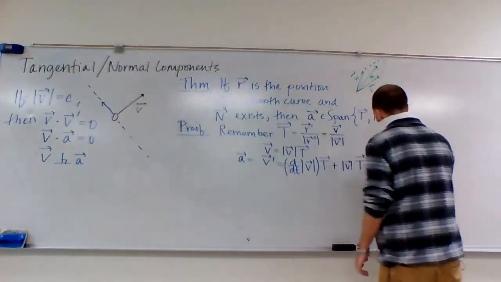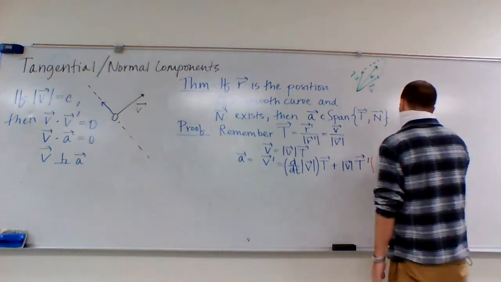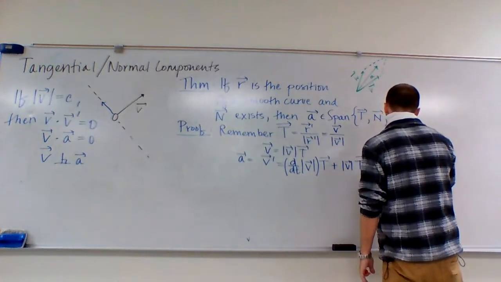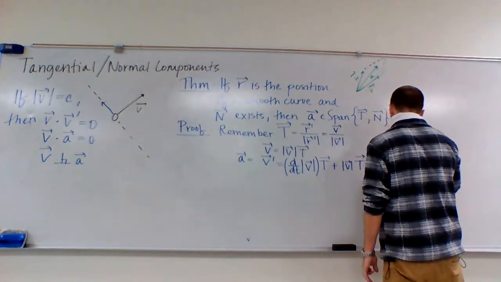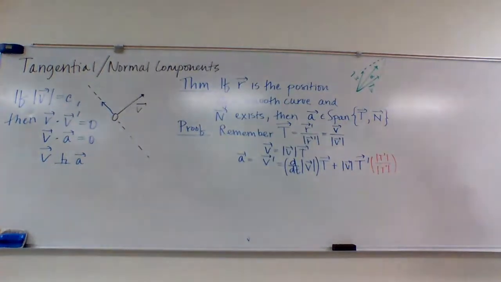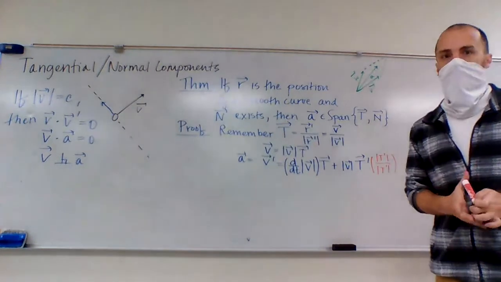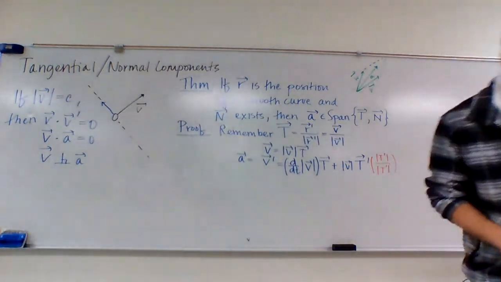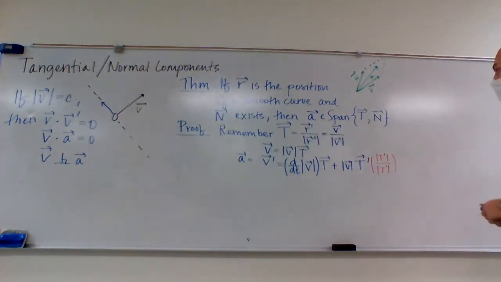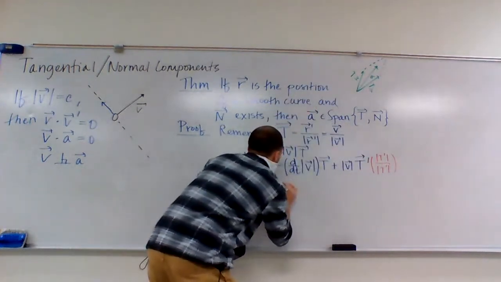So I'm just multiplying by 1, so I'm not changing this. This is length of T prime divided by length of T prime. But then I'm going to put these two together: T prime divided by the length of T prime, that's the unit normal vector.